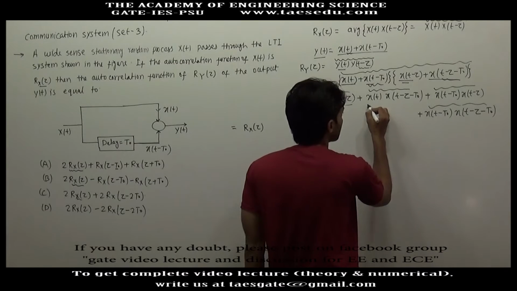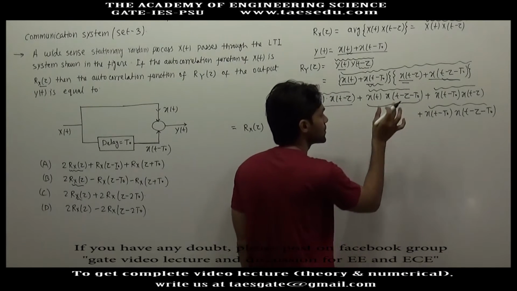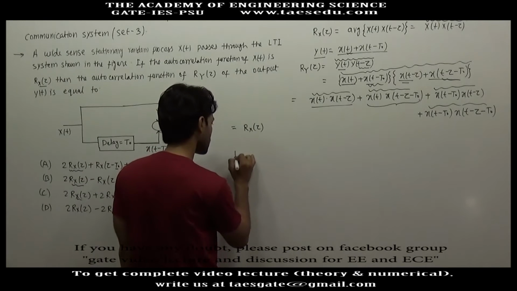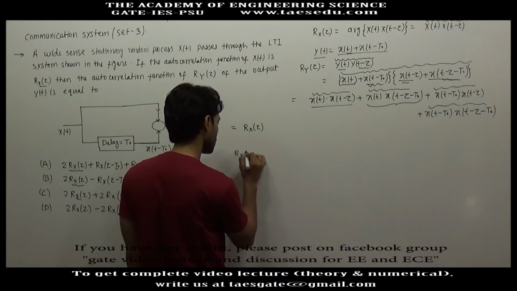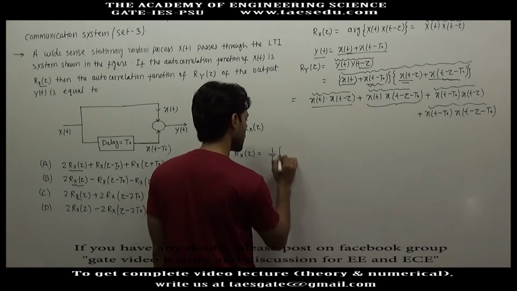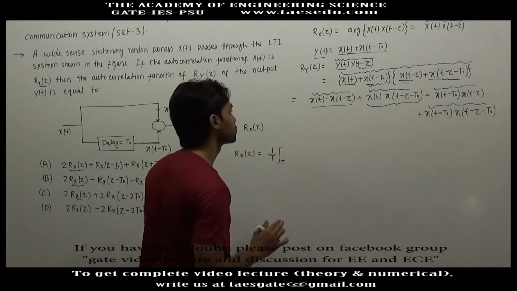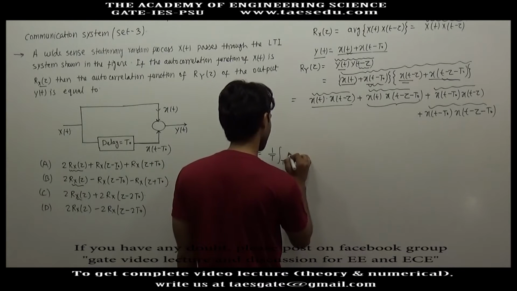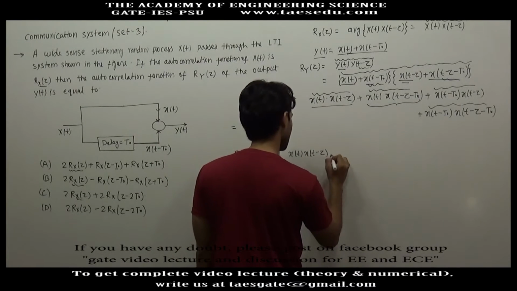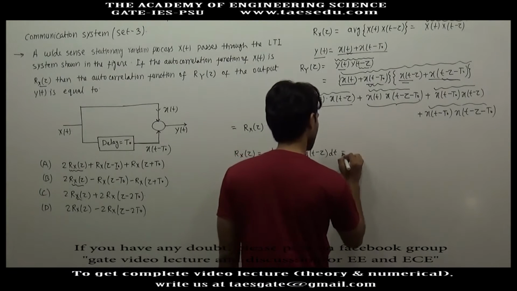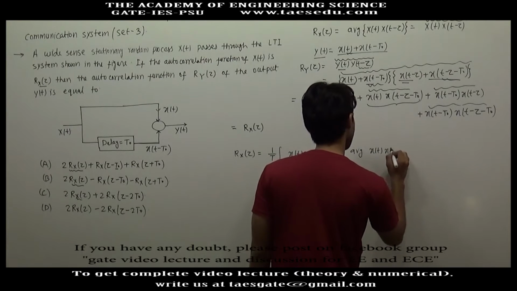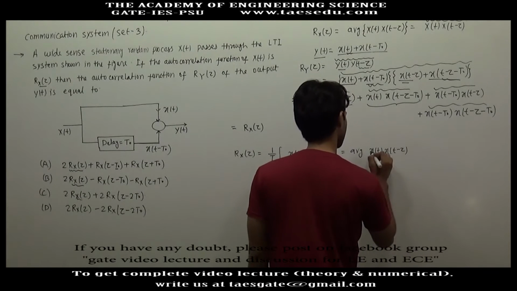Now, how will we represent this quantity in terms of Rx(tau)? Rx(tau) is defined as 1 by T integration over T of x(t) into x(t minus tau) dt, or the average of x(t) into x(t minus tau).